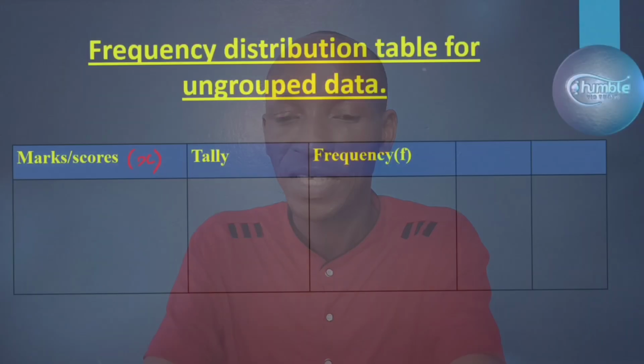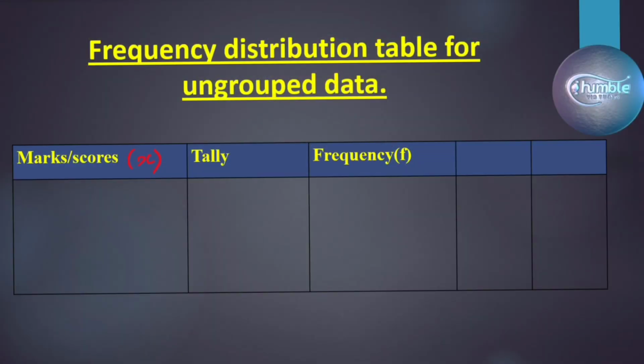Let me give a very simple example of 3 scores, and we are going to determine the mean and median of the following data. Assume that you collected data. Your first score was 10, and 10 was appearing 4 times, so we draw 1, 2, 3, 4, and on the frequency column you write 4.